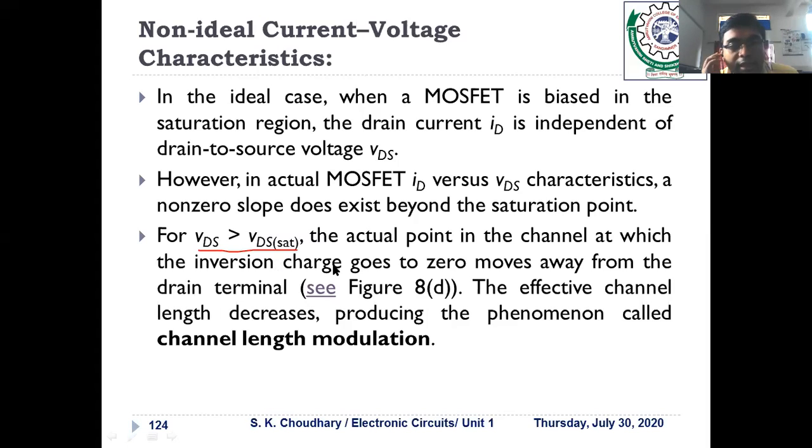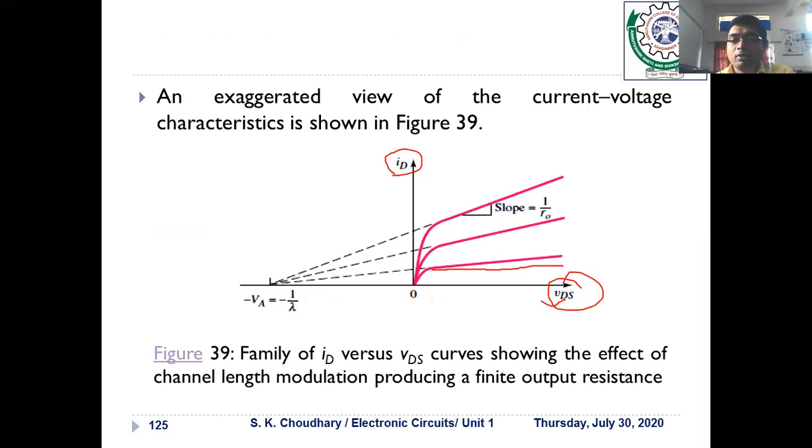As the inversion charge goes to 0 and moves away from the drain terminal, the effective channel length decreases, producing the phenomenon called channel length modulation. So this is a non-ideal characteristic, the channel length modulation effect, and it is further responsible for a non-ideal parameter also.